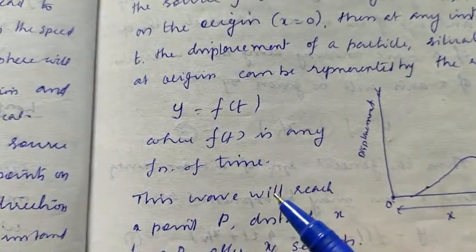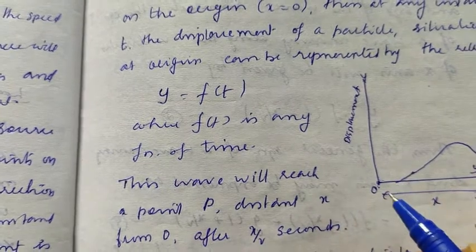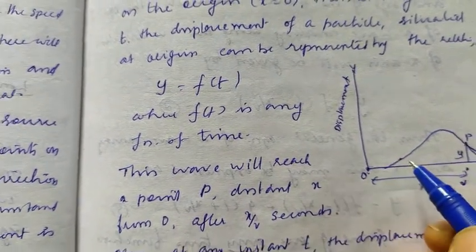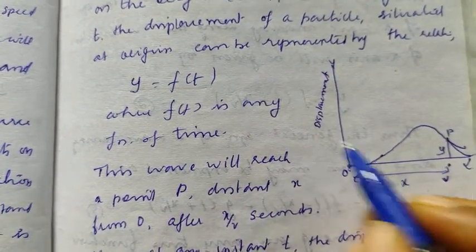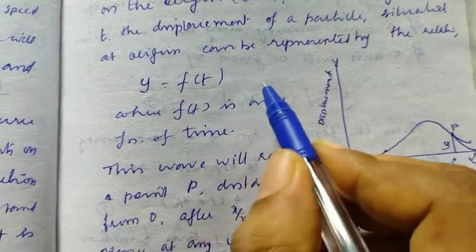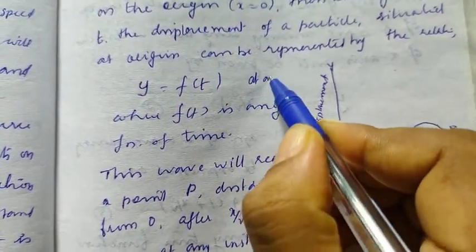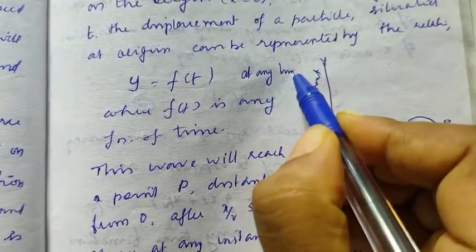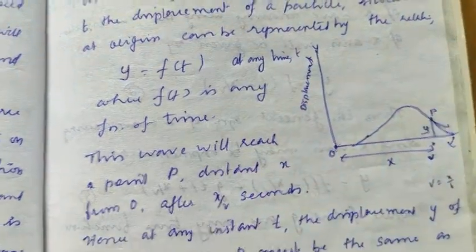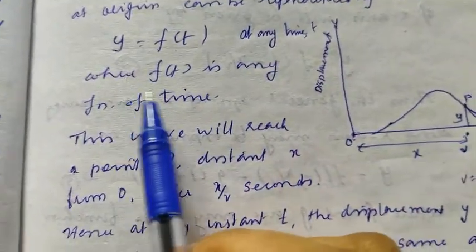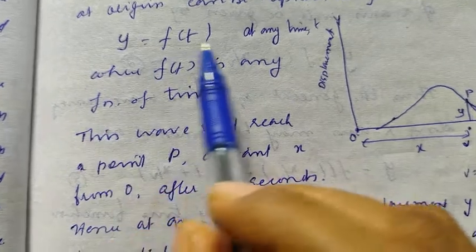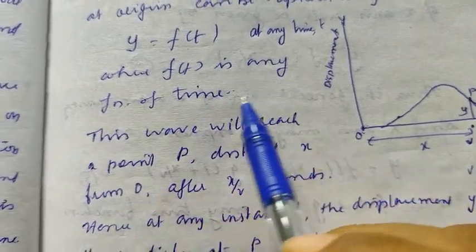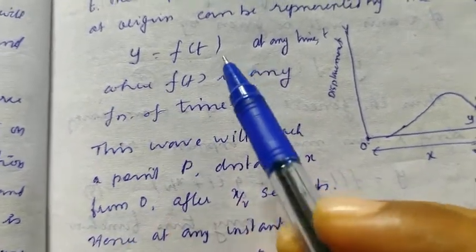So the displacement of the particle of the wave can be represented as f of t, at any time t, where f of t is a function of time. It's quite obvious.